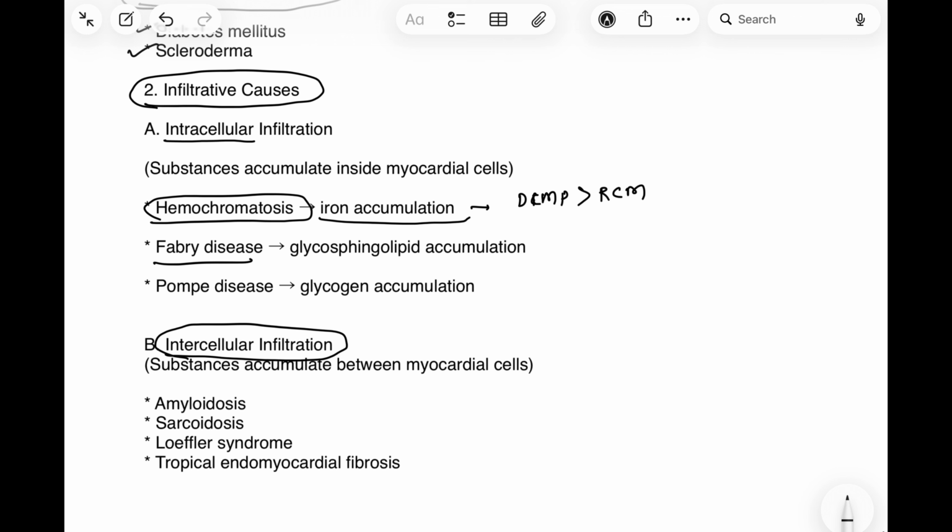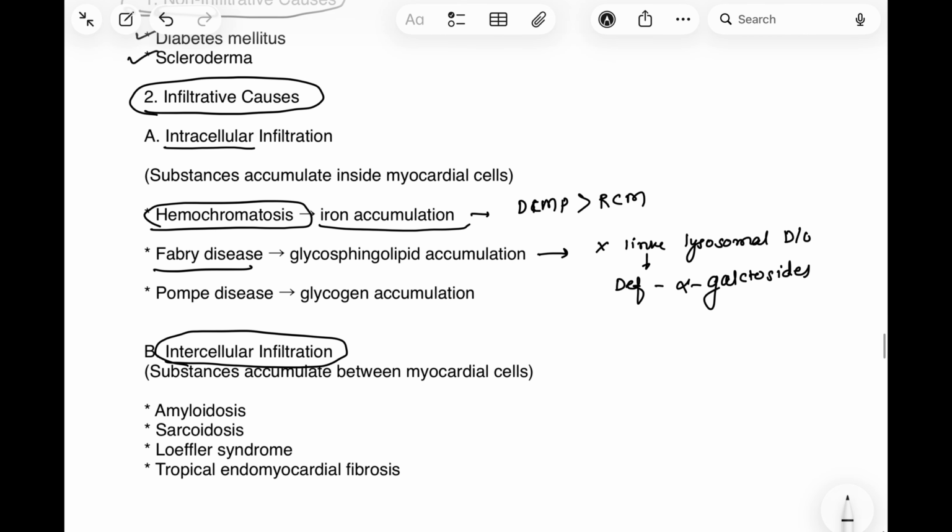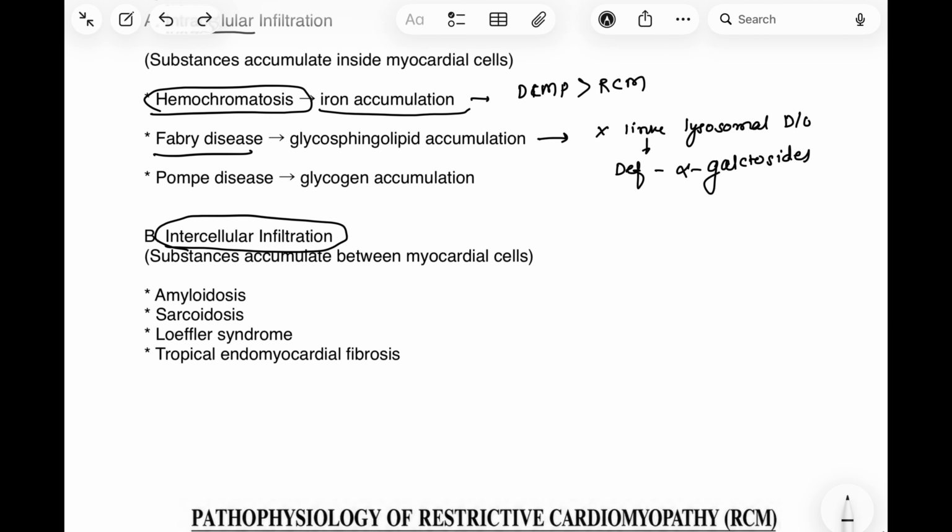In this condition, there is an X-linked lysosomal disorder with a deficiency of alpha-galactosidase, and this alpha-galactosidase deficiency leads to deposition of glycosphingolipid, right?